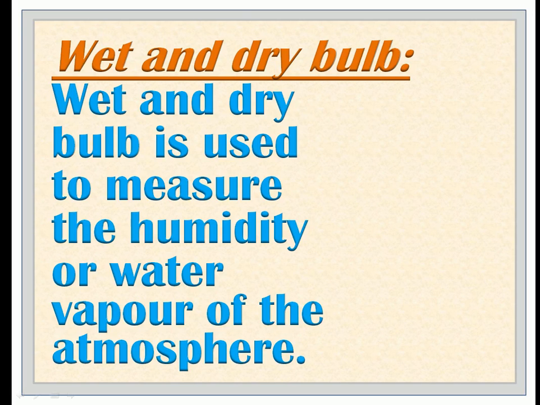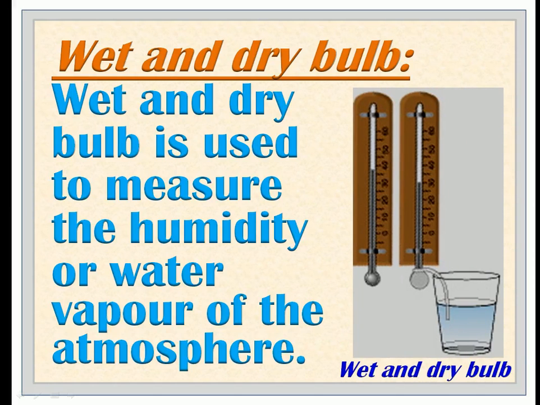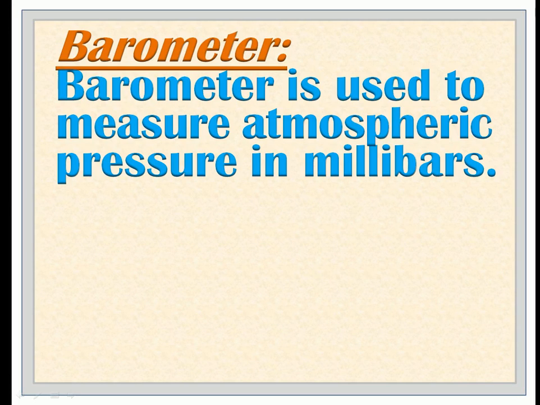Wet and dry bulb. Wet and dry bulb is used to measure the humidity, or water vapor, of the atmosphere. This picture illustrates a wet and dry bulb. Barometer. Barometer is used to measure atmospheric pressure in millibars.